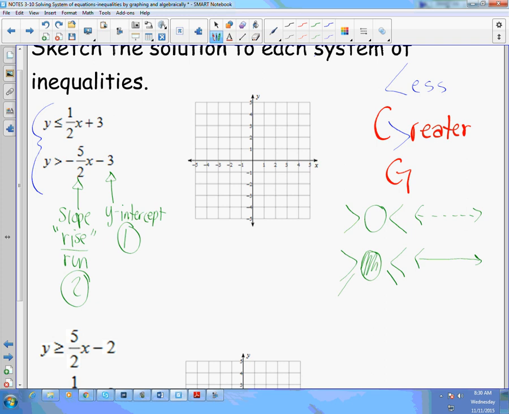Label it x and y. Make sure you show what you're counting by. We don't always count by ones. We need to label the counting by, so that someone who reads your graph knows how to read it because you have set up the intervals you're counting by.